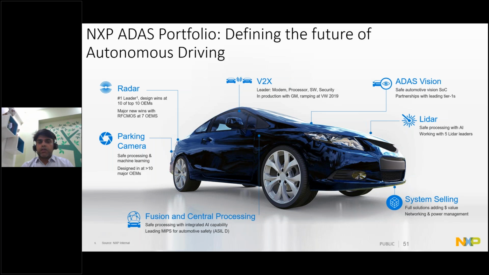There also NXP has a very strong presence. Then there is LiDAR, which is something in between vision and radar. The combination of radar, ADAS vision, LiDAR and V2X, vehicle to vehicle communication, enables overall sensing and awareness of the road conditions for autonomous driving.